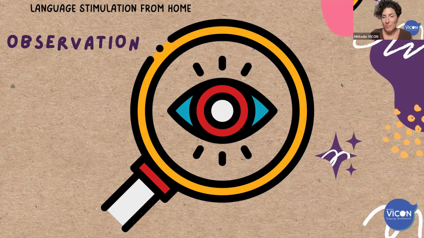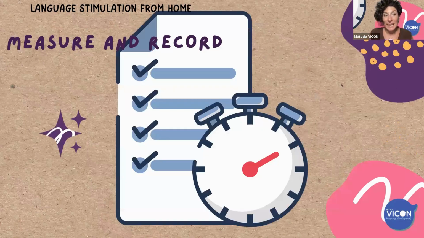Okay. So, second aspect, measure and record. It is very important that our attention is focused on all the things that change, all the things that improve, and some new difficulties that may arise, challenges, needs.